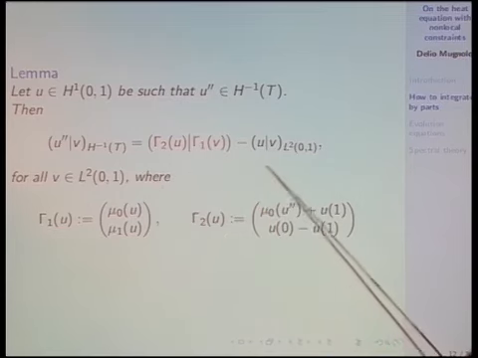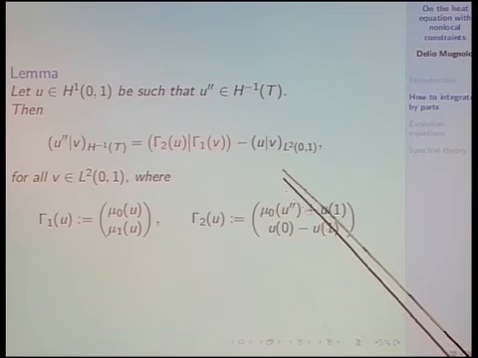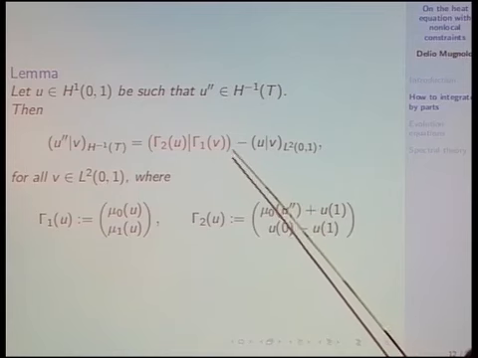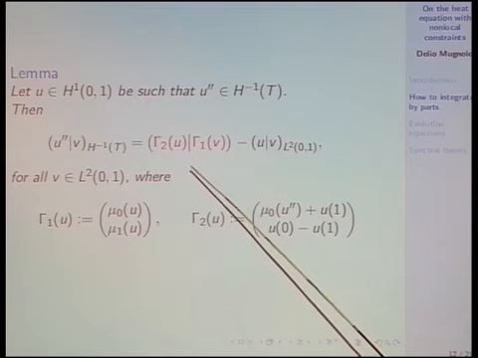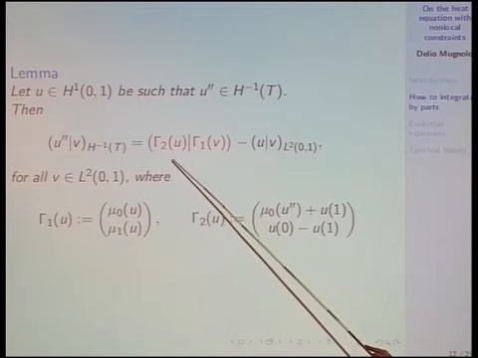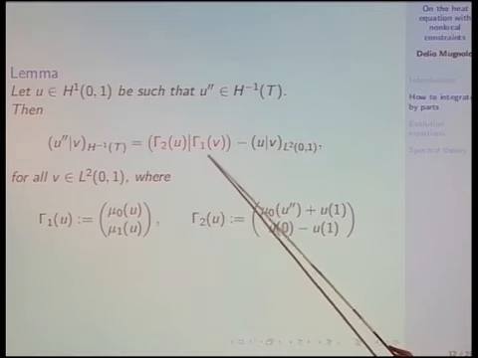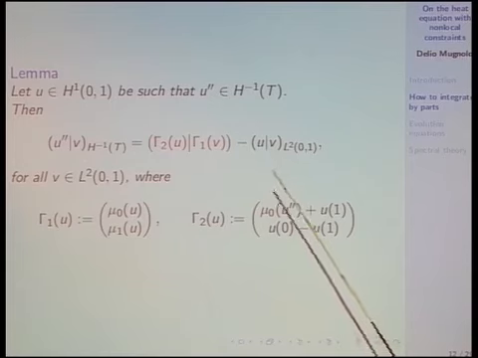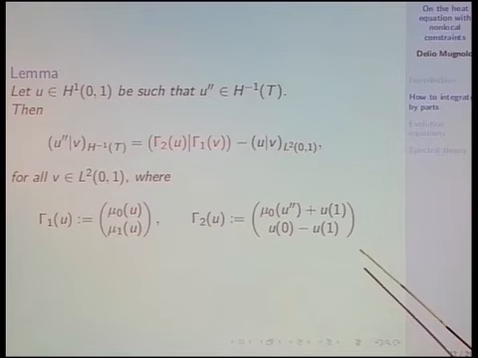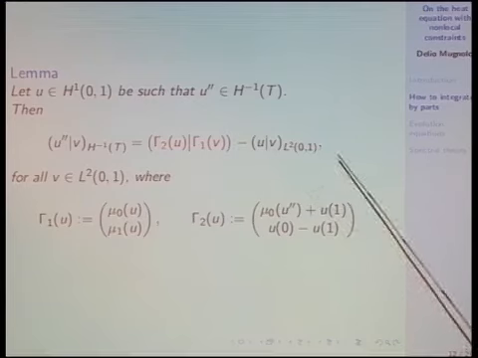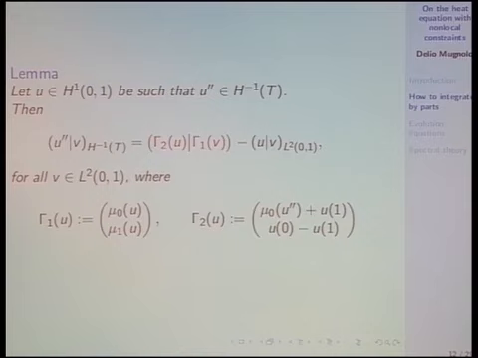And this formula is very similar to the classical one if you just replace the normal derivative by this operator matrix gamma 2 and the trace by this operator matrix gamma 1. So the proof is, of course, completely different, but once you have this expression here, then you can apply just the standard Hilbert space theory.